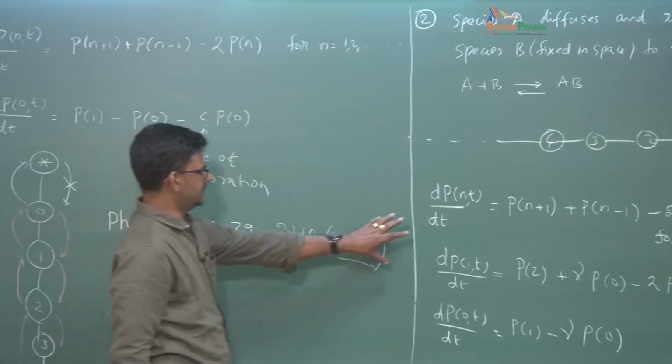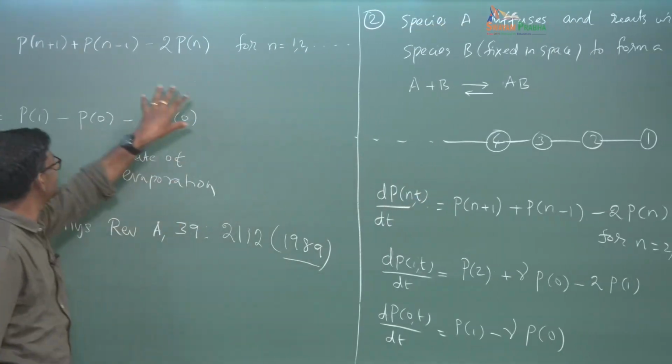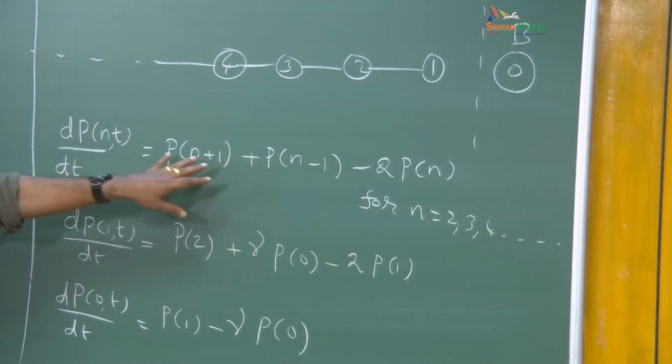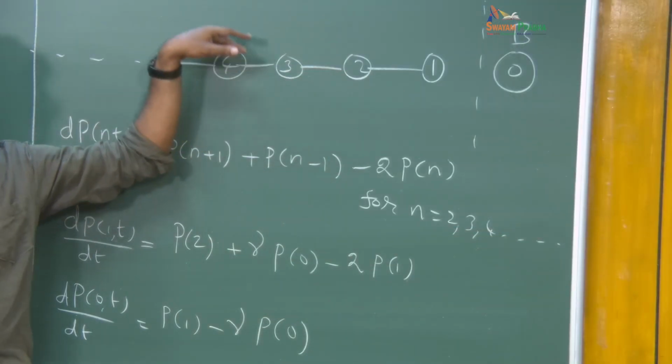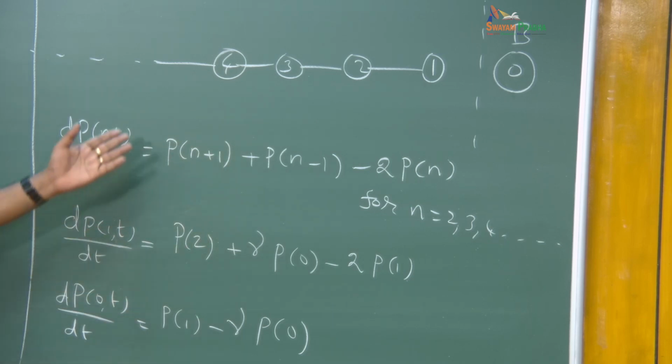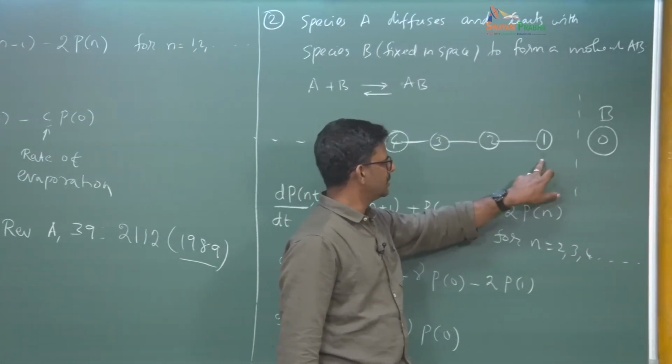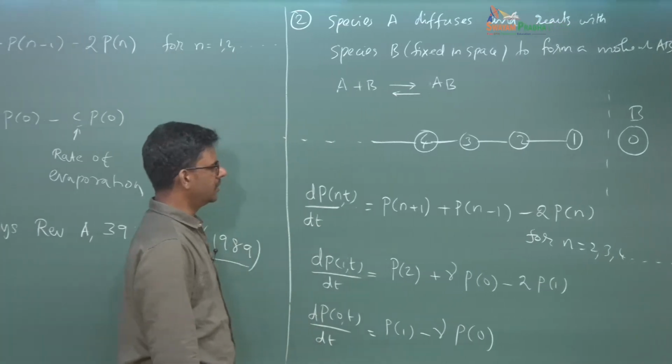So if you look at this equation, it is exactly the same as this one, talking about a simple one dimensional random walk as long as we are in the bulk. It talks about the forward, backward, unbiased jumps. However, we write separate equations at site 1 and site 0.